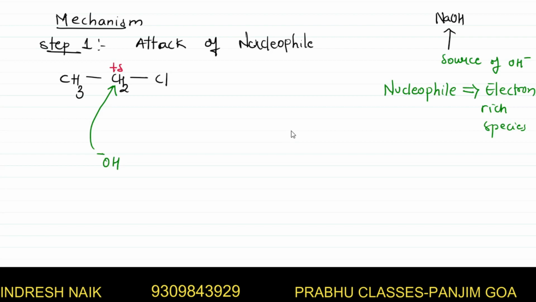Negative attacks the positive. And how did I decide that this is positive? Because this is connected to an electronegative element. Chlorine is electronegative. Now coming back to the base, what is the meaning of electronegativity?